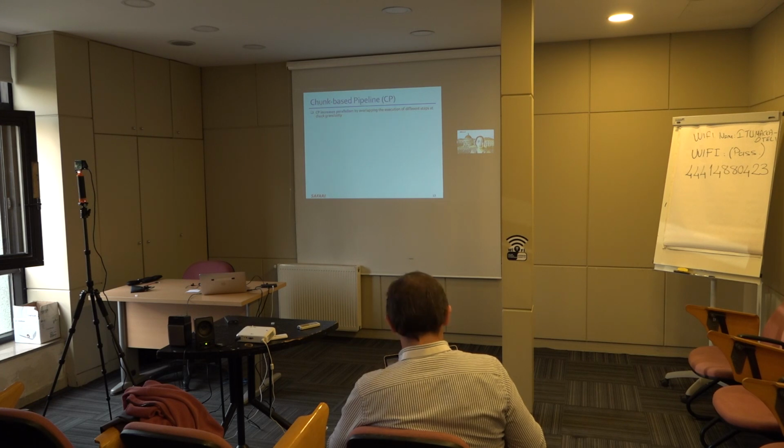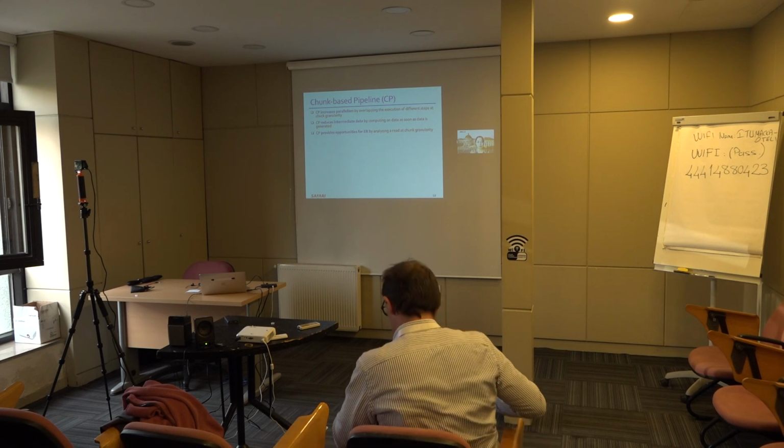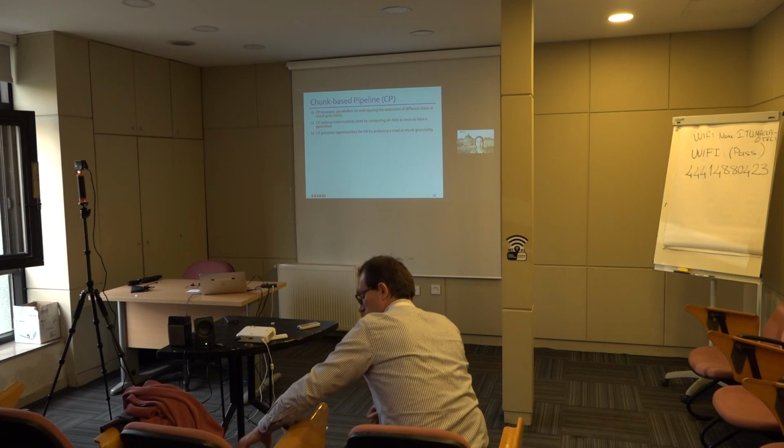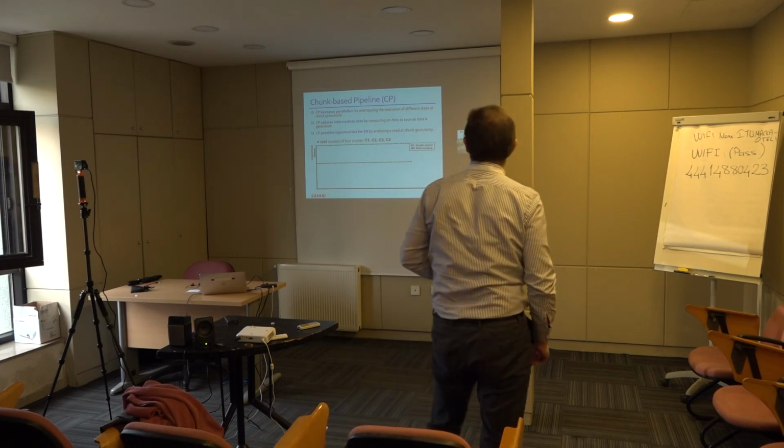The chunk-based pipeline increases the parallelism by overlapping the execution of different steps at a chunk granularity. It reduces the intermediate data by computing on data as soon as the data is generated. It also provides opportunities for early rejection by analyzing a read at chunk granularity.